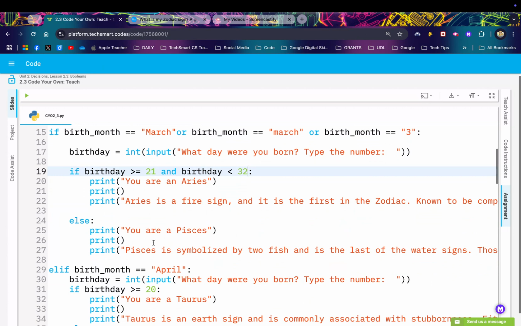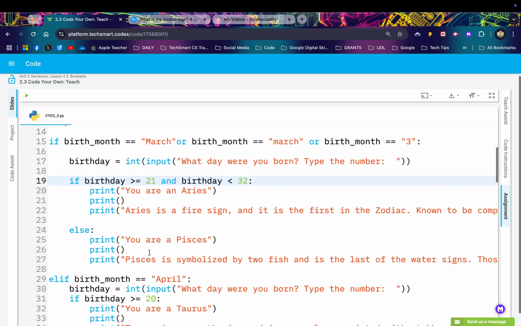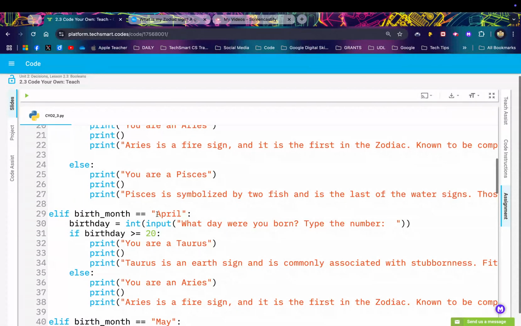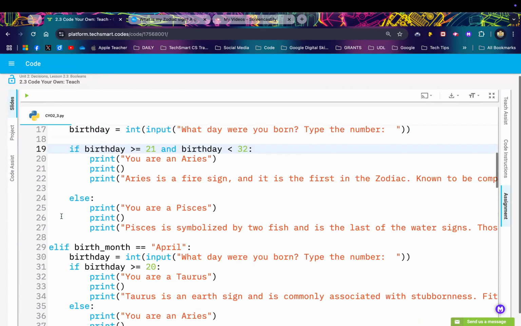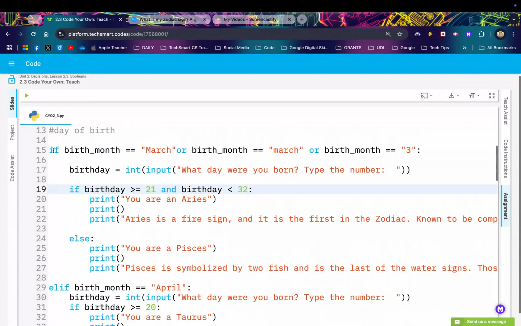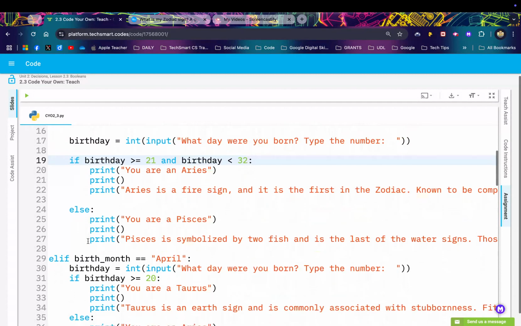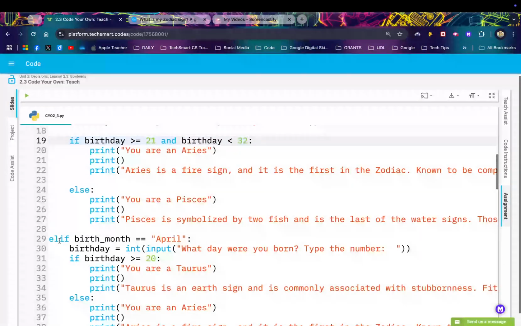And then same thing. See the algorithm? I print you are a Pisces. I printed a blank space, and then I printed the information that I copied from the internet about Pisces. So that's March. Then I went to April. So for April, notice we have our main if here. These are our nested if else. Then this is elif because it's part of our main if statement.